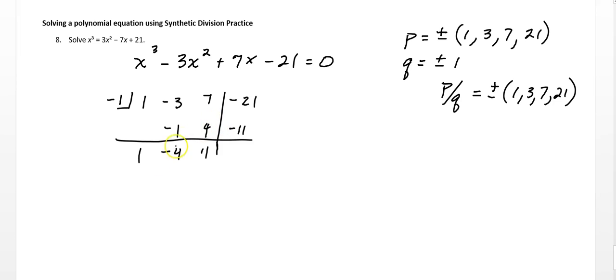So I'm going to erase. And let's try +1. And that's not going to work.